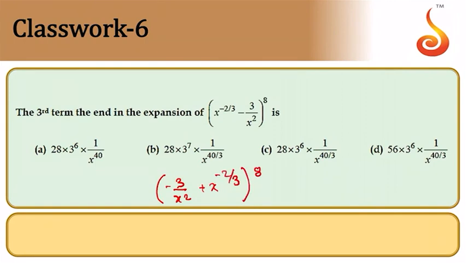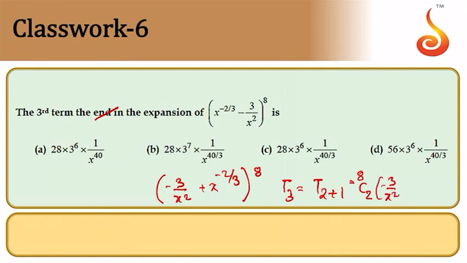Example 6. Third term from the end of this expansion. So the expansion is given as (minus 3 by x square plus x to the power minus 2 by 3) whole to the power 8. She is asking for the third term from the end of this expansion.